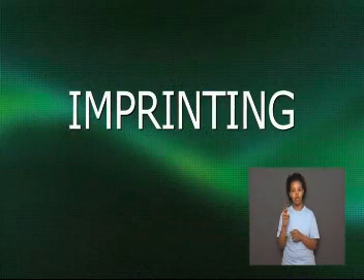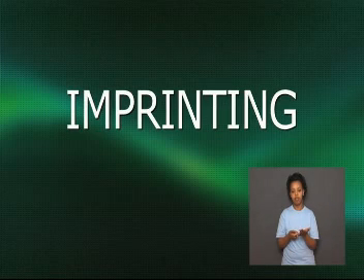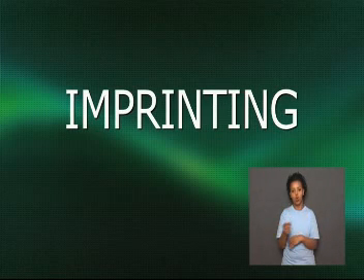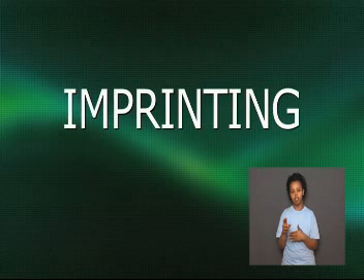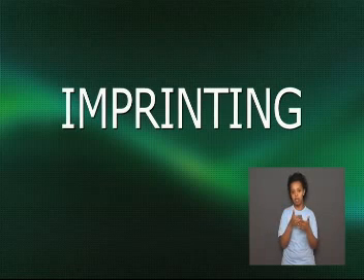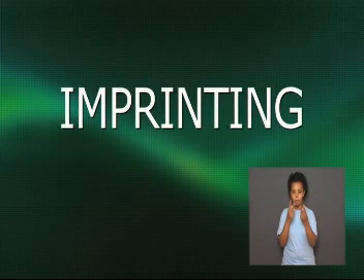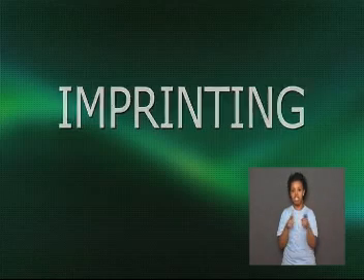Another kind of instinctive behavior that we are going to learn about is imprinting. Imprinting can be defined as the fixed action pattern for a newly born or hatched organism to imprint on, or become attached to, the first thing they see that has general features like the adults of its kind.